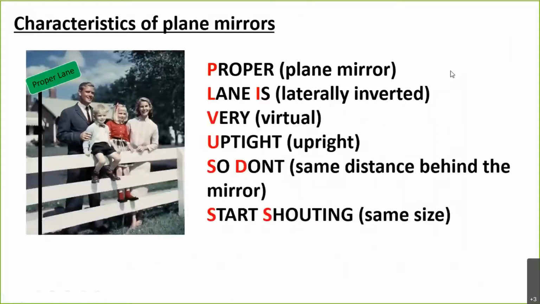So, to sum up all of those characteristics of plane mirrors, you can use this little acronym. Proper lane is very uptight, so don't start shouting. Proper, P for plane, lane is for laterally inverted, very for virtual, uptight for upright, so don't, same distance behind the mirror, and start shouting, same size.